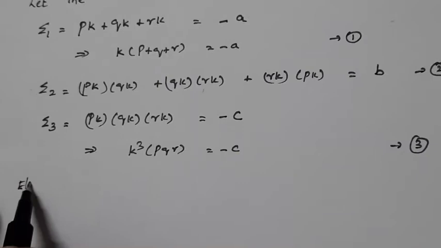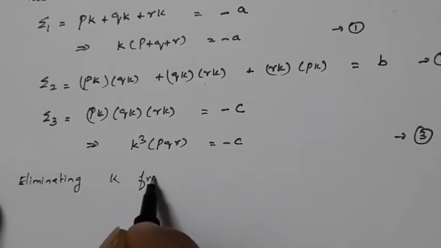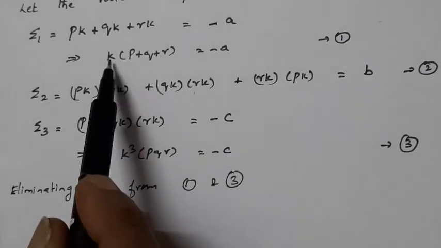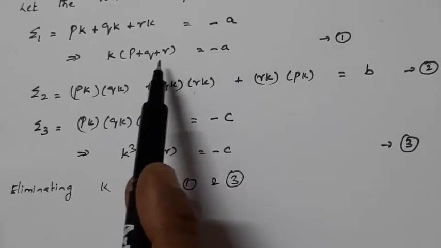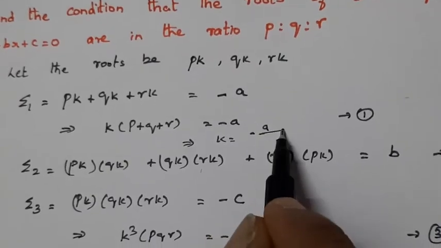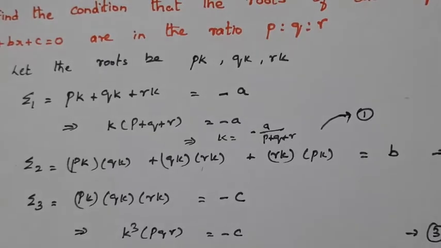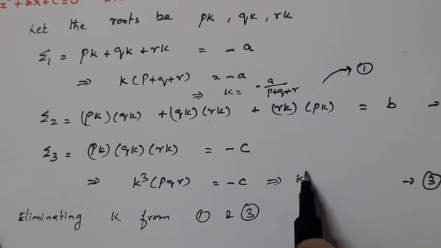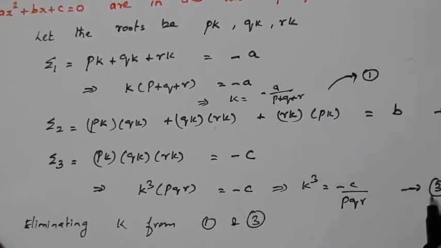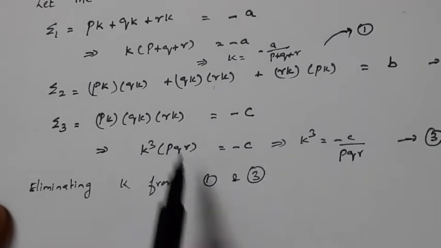Here k is equal to minus a divided by p plus q plus r, and k cube is equal to minus c divided by pqr. So, from equations 1 and 3 we eliminate k to get a condition.